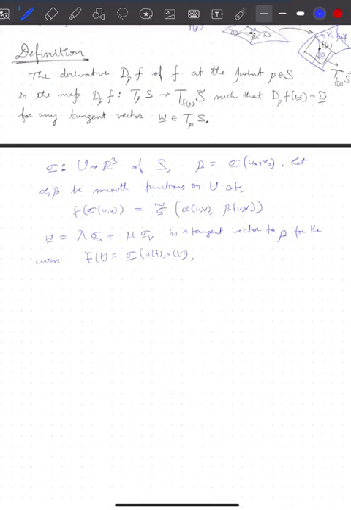And u and v are smooth functions such that u(t0) = u0 and v(t0) = v0, right? Okay.